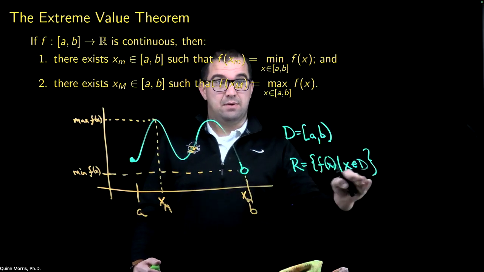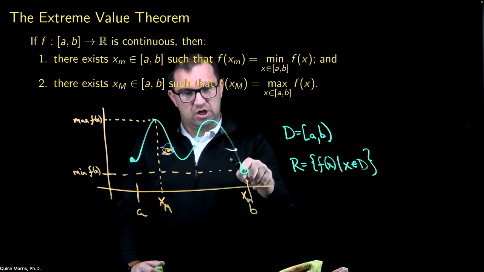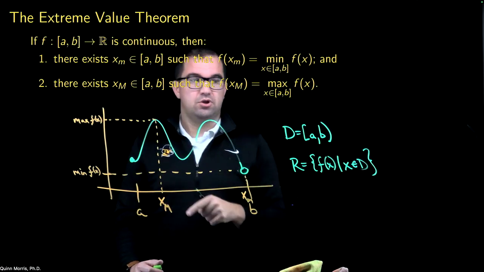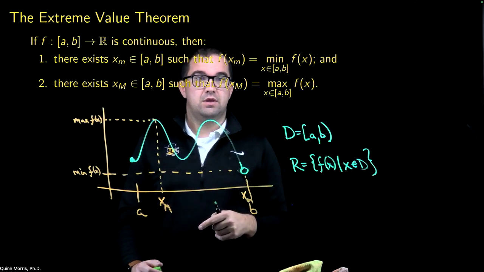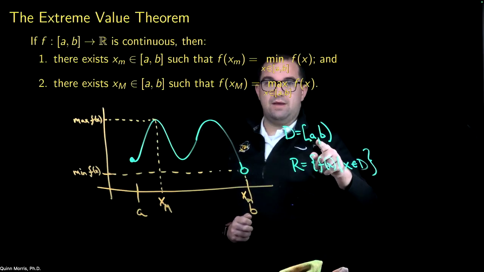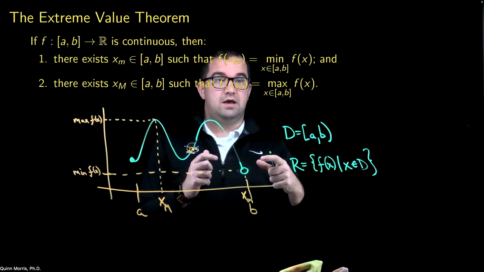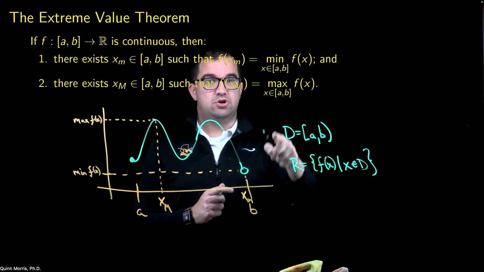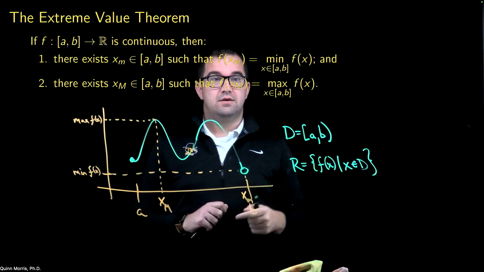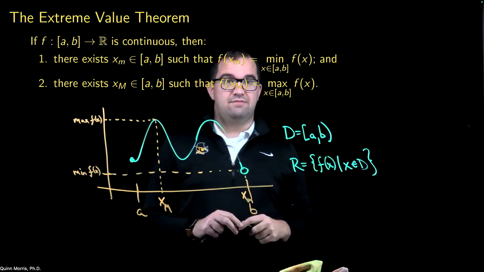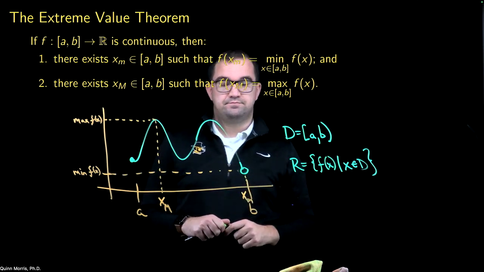There is an infimum, but that value is never achieved at any particular point in the domain. So in this case, what I've done is I've eliminated the closed piece of this interval. This set is no longer a closed set, and therefore now I have the extreme value theorem failing.